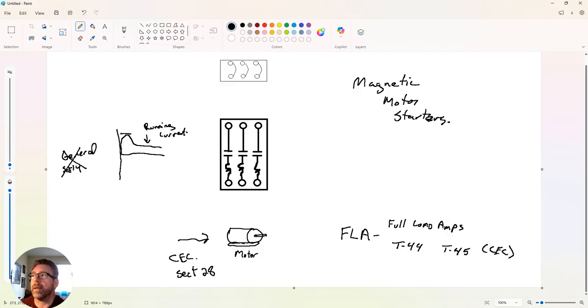Right here, that's what we would call our startup current. That could be up to 600% of what the running current will be. As a result, section 14 is no longer valid for this. We have to defer to section 28, which deals with our motors specifically.